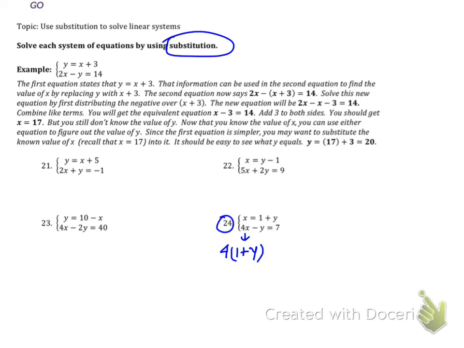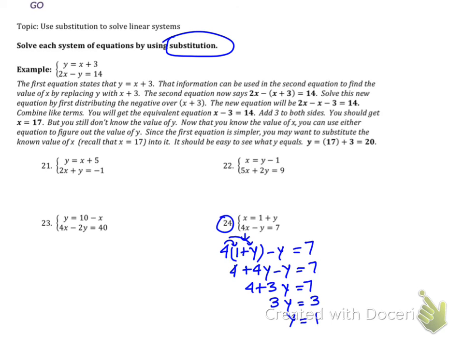If it's an expression, it should go in parentheses, minus y equal to 7, and now I distribute. I get 4 plus 4y minus y is 7, and then 4 plus 3y equal to 7, and then you subtract 4 from both sides, so 3y is 3, and y divided by 3 you get 1.